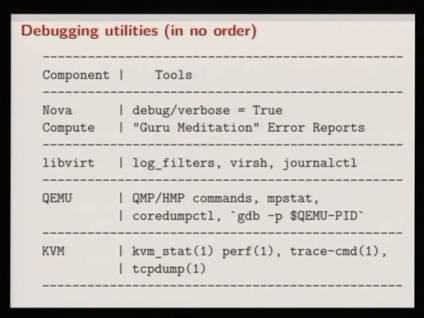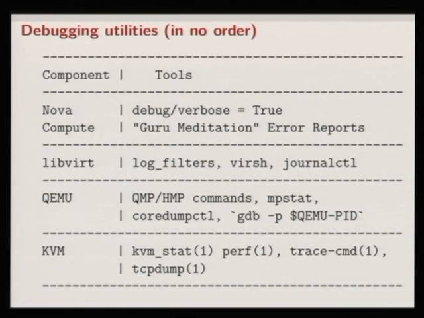So Nova Compute, like any large project, has these debug flags that you can set in its configuration file that allow you to examine a more detailed flow of requests and track down where the issues are. Nova also has something called Guru Meditation error reports that I'll discuss in a minute.